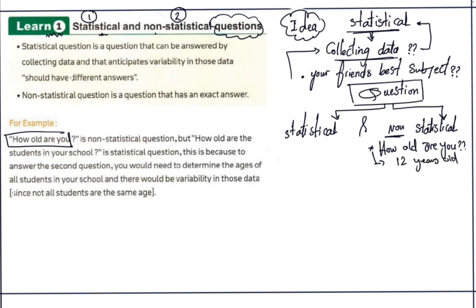If the question has a certain, exact answer, just a number or just a word, we can define it as a non-statistical question.